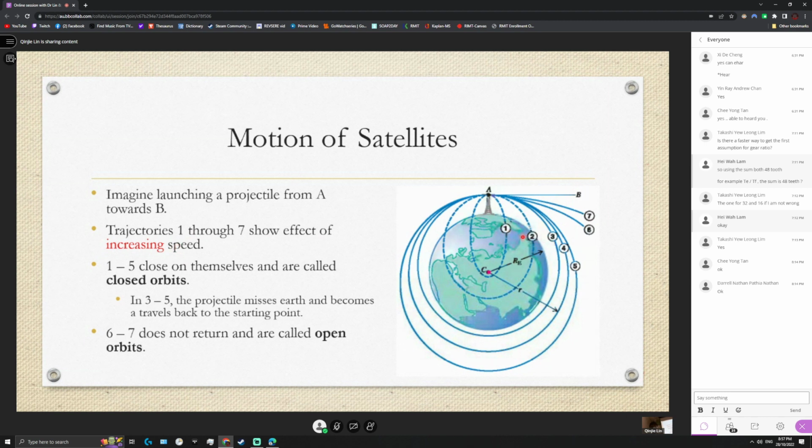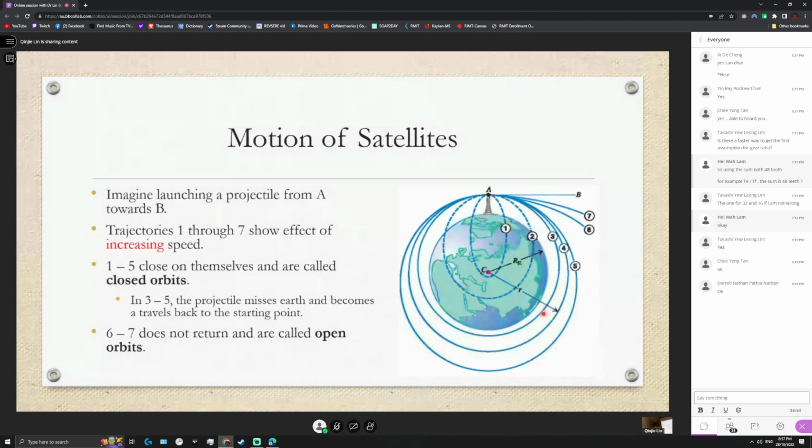For 1 and 2, you hit the ground. Imagine you shoot something: you see at this point, 1 already hit the ground, hit Earth. 2, you also hit Earth. It's only with 3, 4, 5 that when you launch it out, the Earth is pulling you back, but it can't seem to pull you back enough.